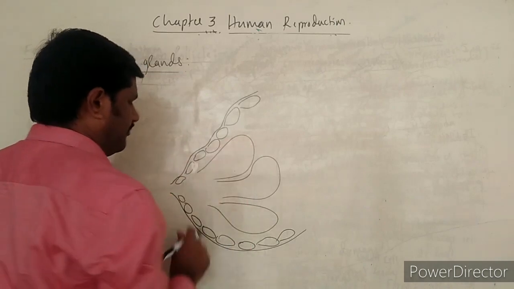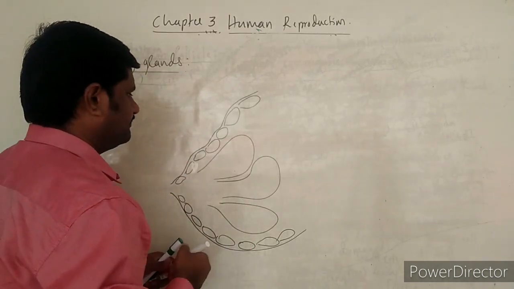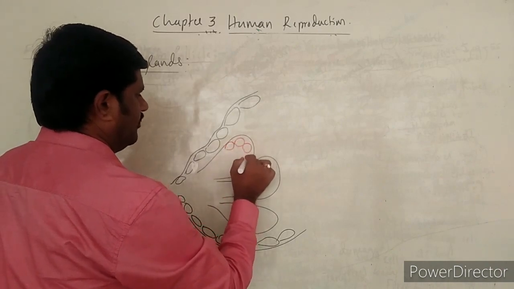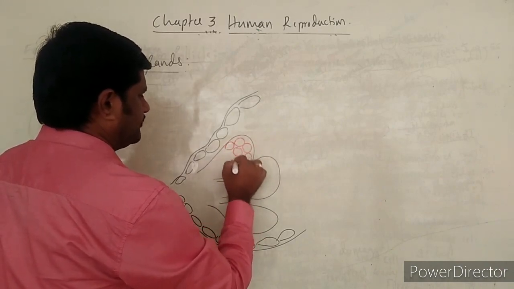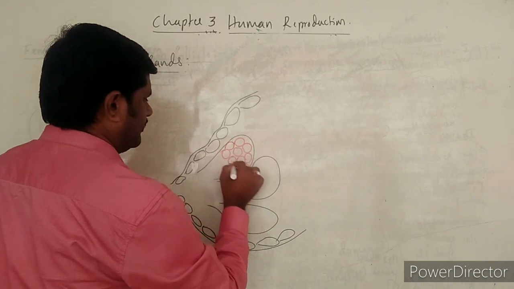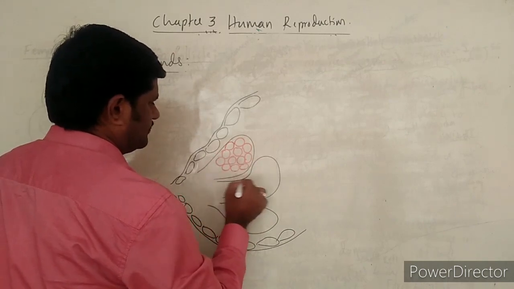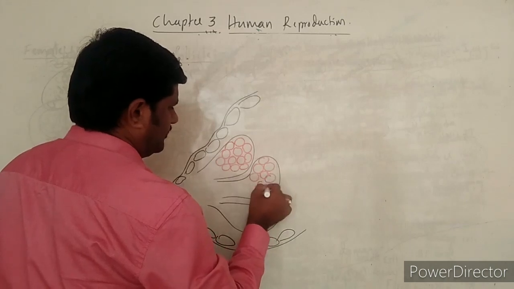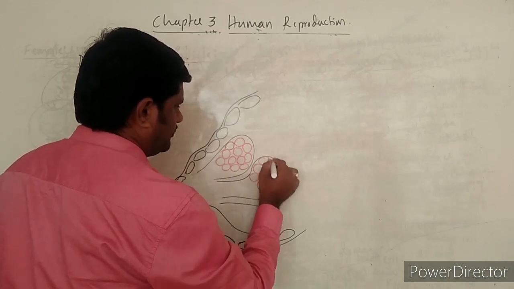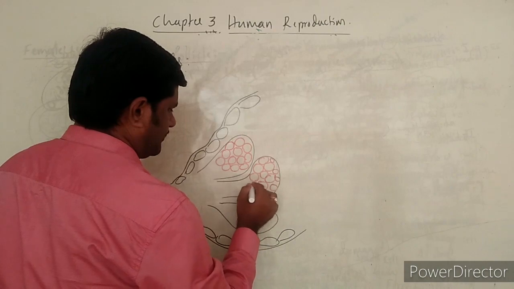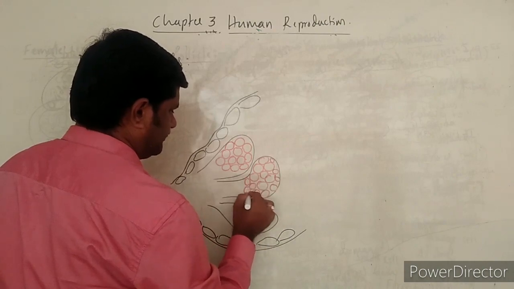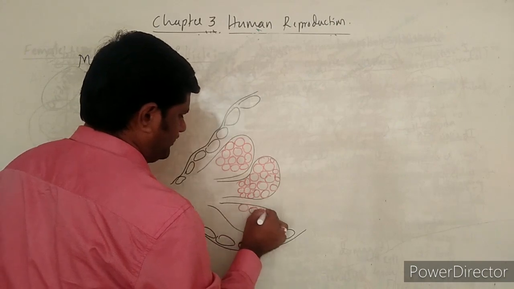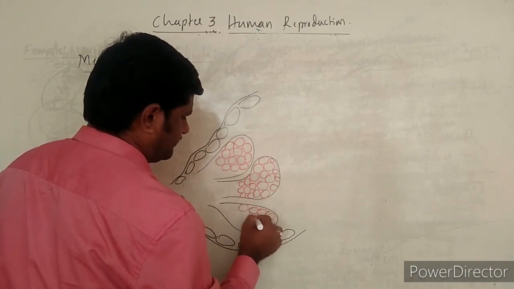These lobules have many sac-like structures called alveoli. Many sac-like structures that we come across in each lobule are called alveoli.